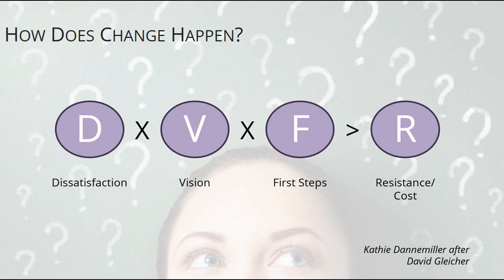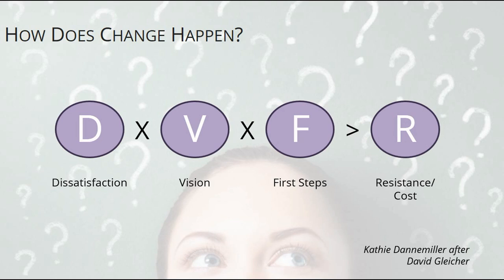So that cost can be both individual cost, more of an emotional cost, a sense of feeling out of one's depth, but it can also be a financial cost, the real investment that's required to get us there. And we've got to address both sides of the equation, from both a corporate perspective and from an individual perspective.